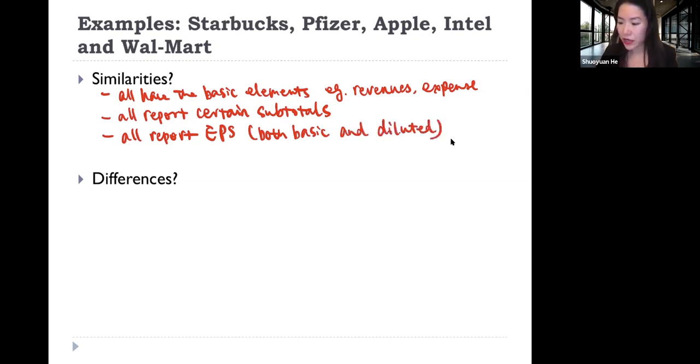And the fourth similarity is they all report income numbers from the most recent 3 years. So that is also required. They must report 3 years number.